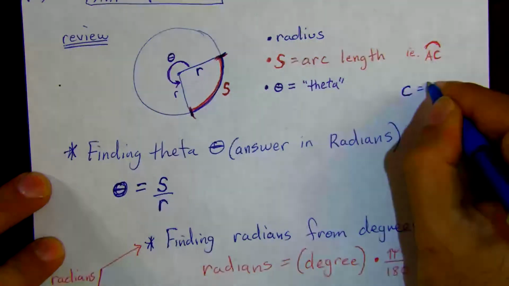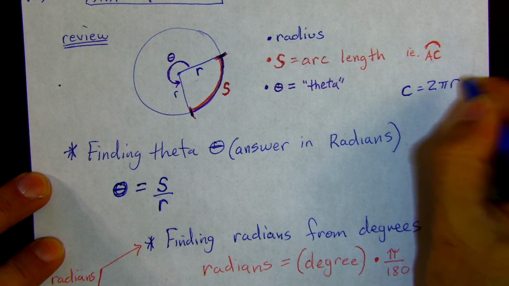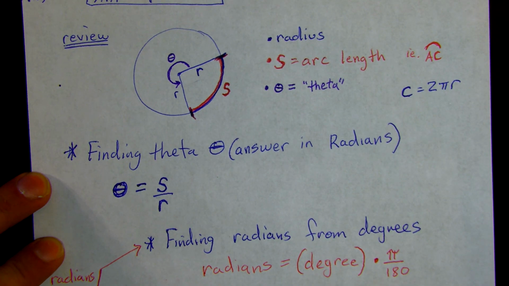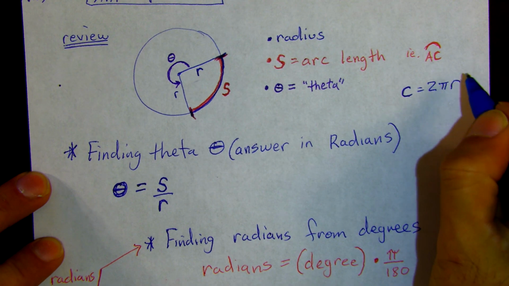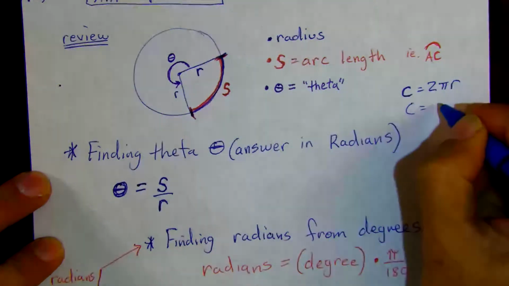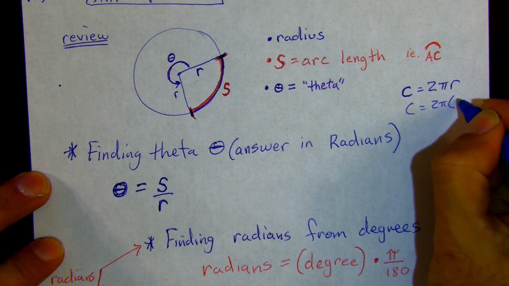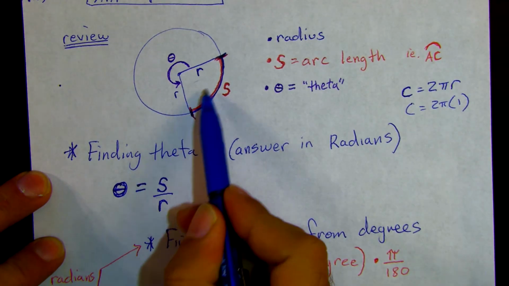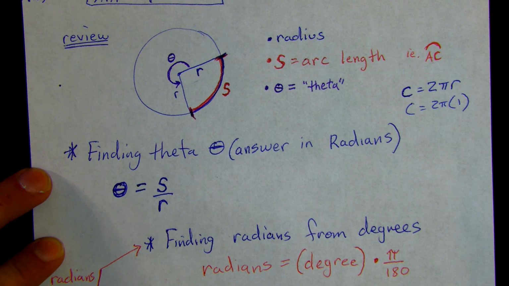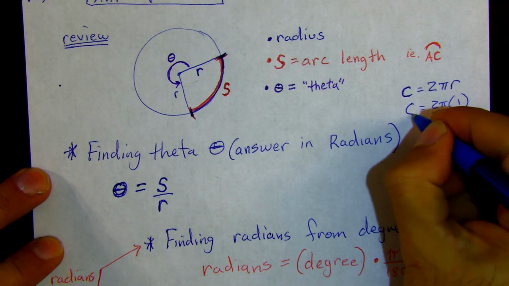The circumference is 2 pi r, right? And if the radius is 1, this is where we're going with this. If the circumference is 2 pi r and we end up with a radius of 1, then my circumference all the way around is 2 pi. And that's going to be something really important later. So this is kind of where we're going.